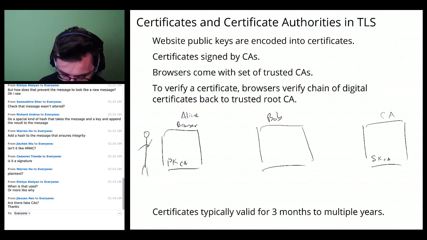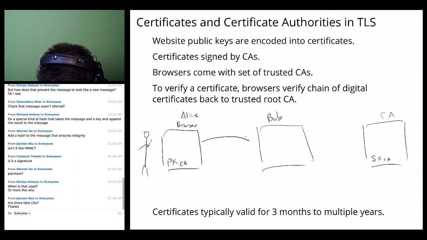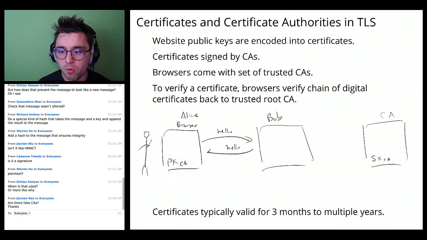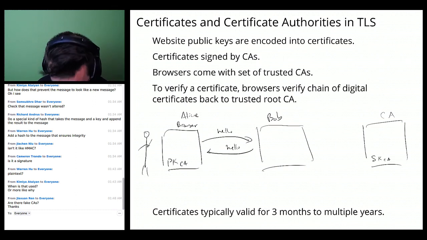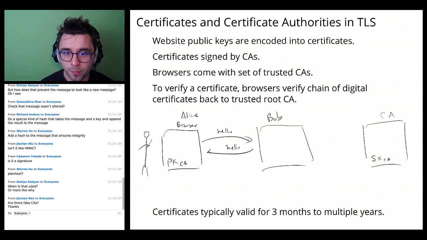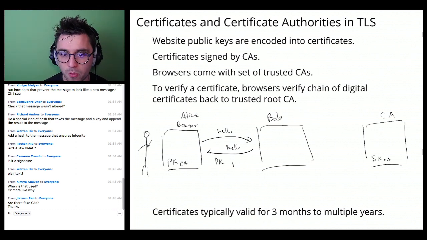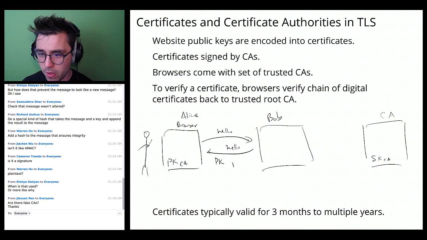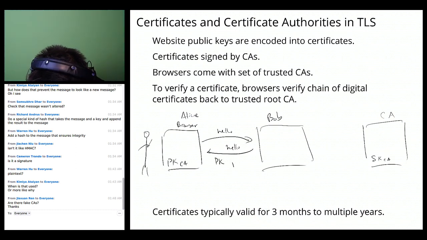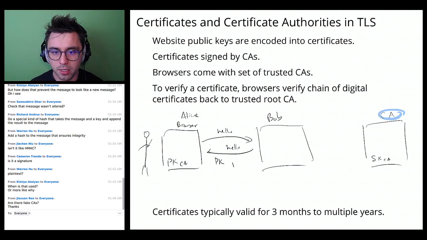So when Alice makes a request, she says hello, and in the hello or thereafter, what we're going to do is send Bob's public key, PK, and some signature that Bob is actually Bob, or Bob owns NSA.gov, and that's going to be something signed by the CA, right?